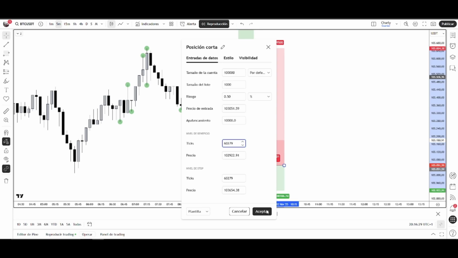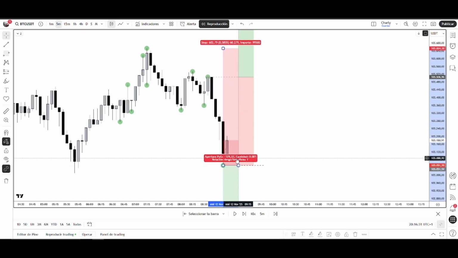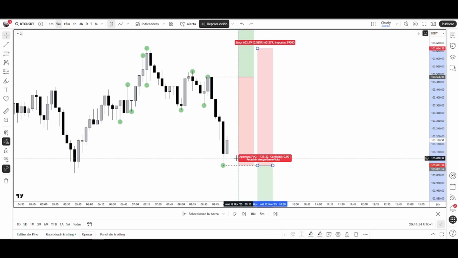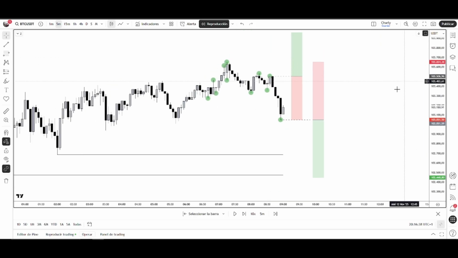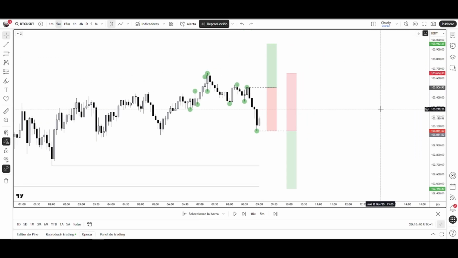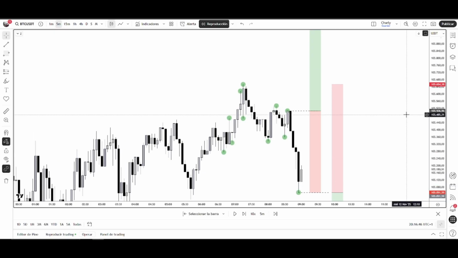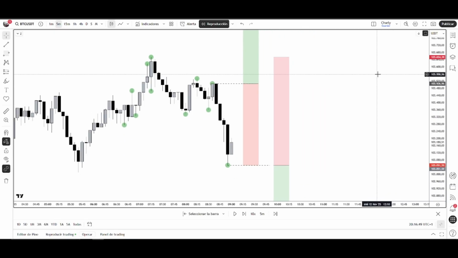So now we have the moment of the market that we usually have. All right, this is not something weird. We have a bullish and a bearish idea as valid. Okay, a bullish idea and a bearish idea. That's fantastic. Now, which one will we go with? It doesn't matter. The first one that activates, we will go with it.